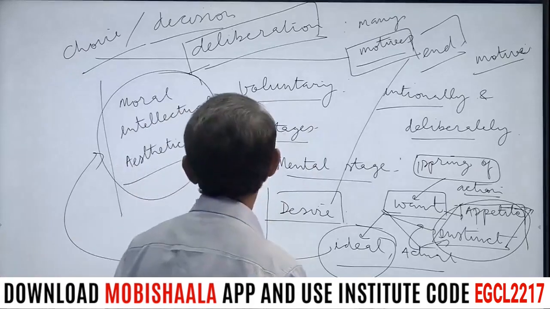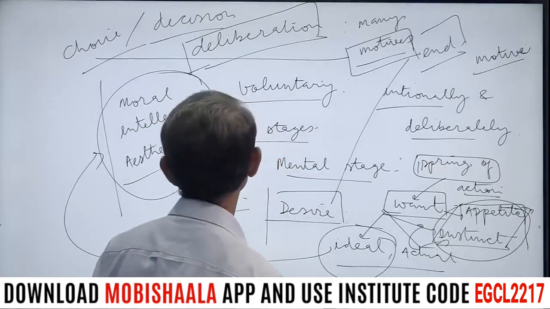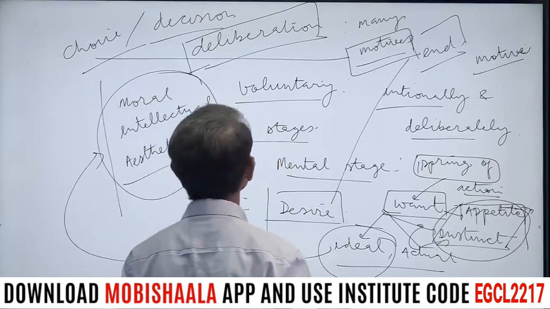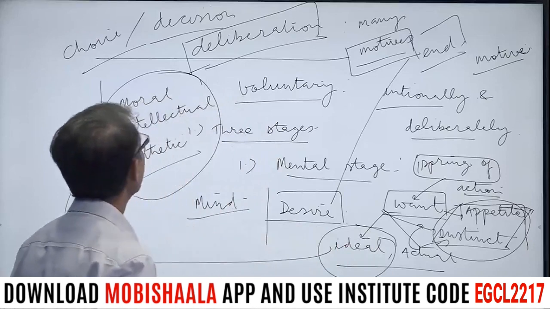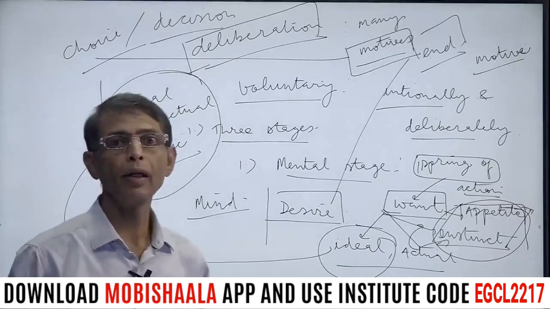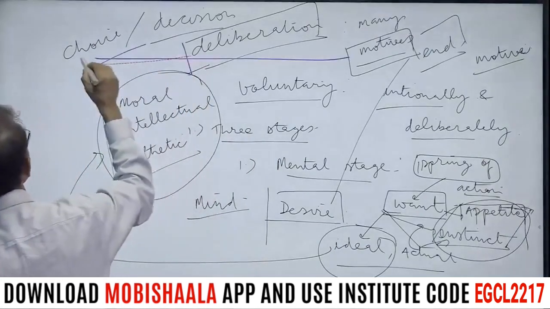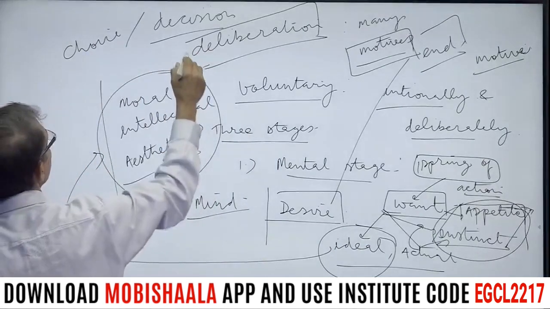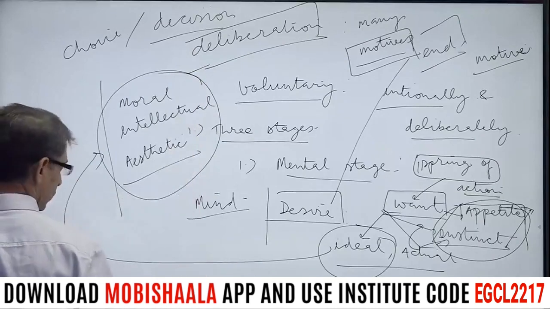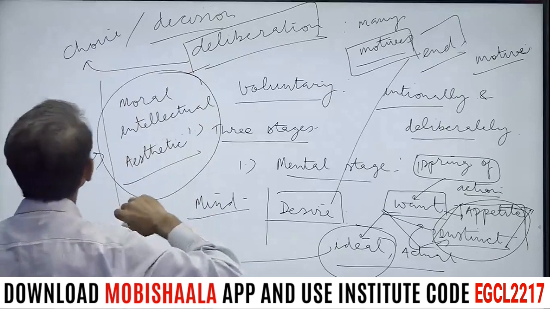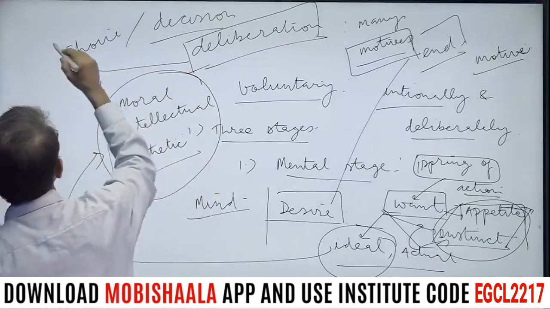So that's the deliberation. And after deliberation, what happens? If he has to perform the action right now, then fine. If he has to perform the action immediately, then he takes decision. Then deliberation reaches to choice. This is a kind of choice. So he has chosen something.